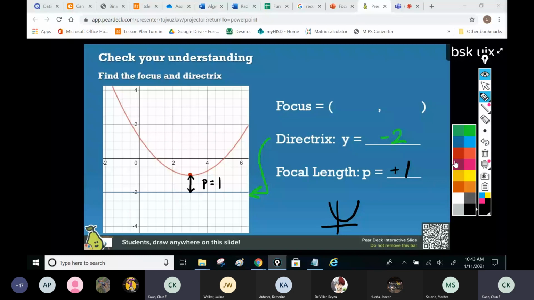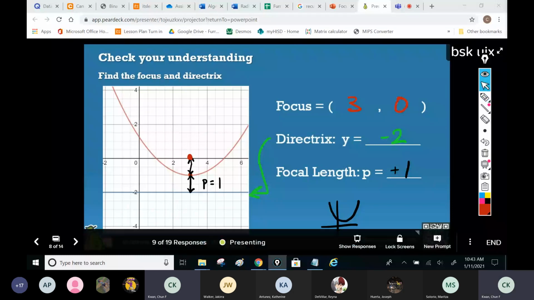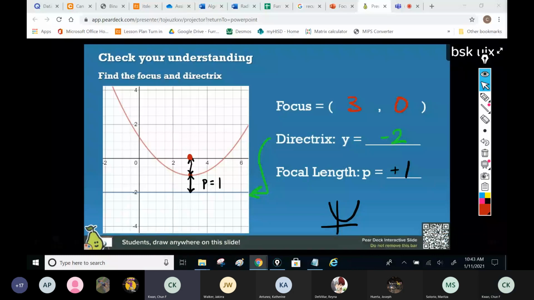And then the focus, you have to go inside the curve, and then go the same distance, p. So that means the focus is right here. This is (3, 0).